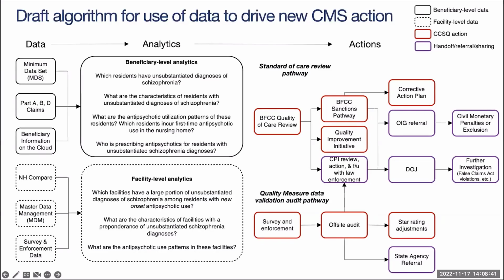So this is basically allowing the BFCC QIOs, who we contract for a lot of due process rights for beneficiaries as far as the quality of their stay, to do in-depth reviews of beneficiary medical records to make some determinations and then provide us some summary analysis so that we can take further action against facilities that might be heavily in violation of laws.